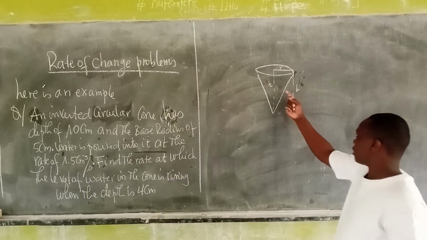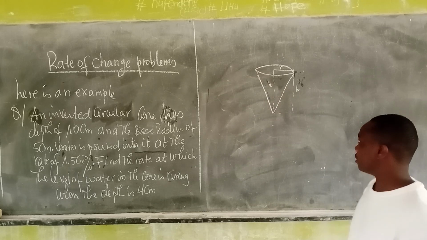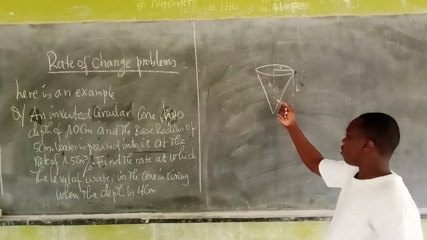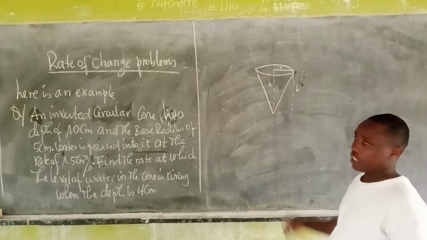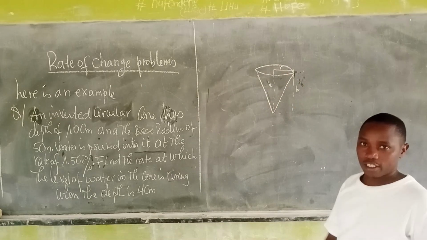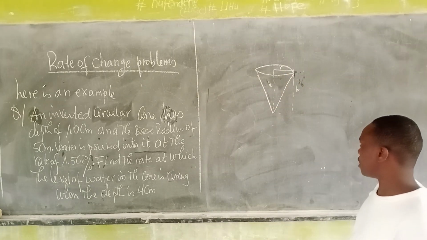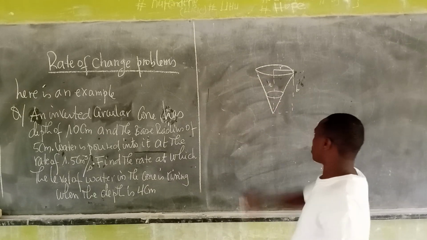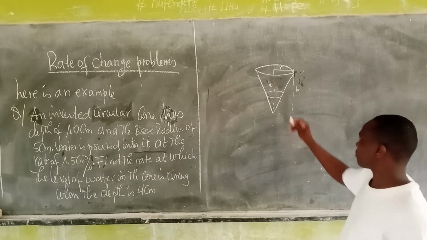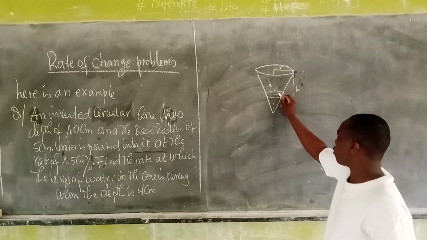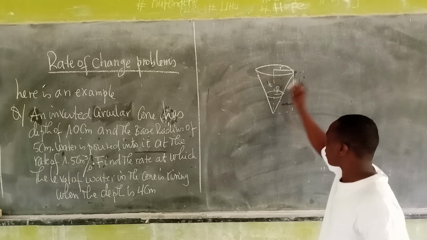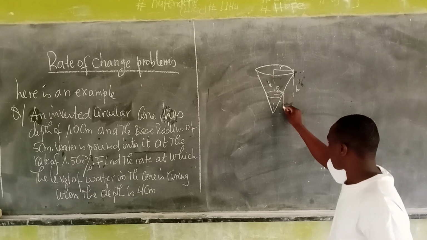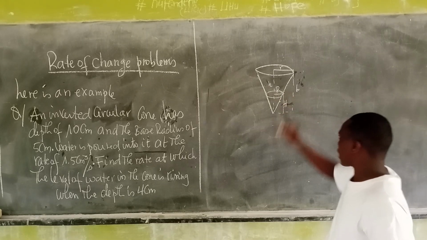Assume that this is a circular cone, and the way the level of rising water increases depends on the way the radius is also changing. Let's draw another inverted cone here. This is a cone of radius capital R and height capital H.